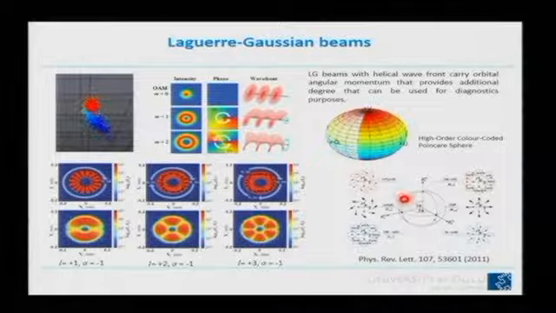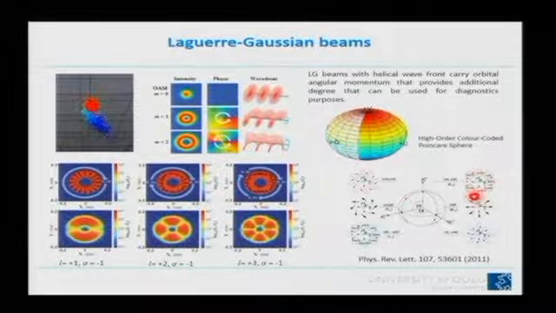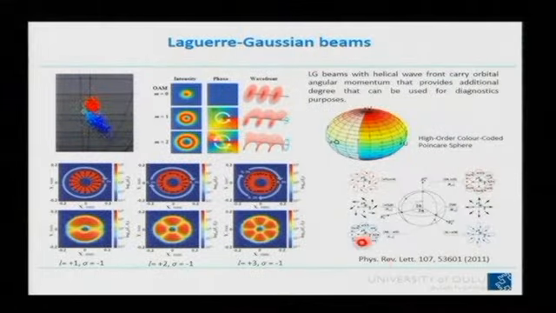And on the Poincare sphere, the high-order Poincare sphere, we will be able to see how this original polarization state is changed, and thus we're able to see more easily the properties of tissue.